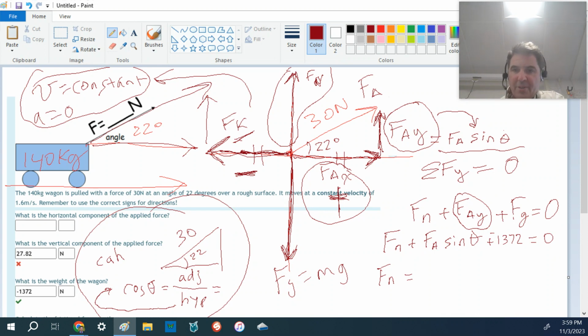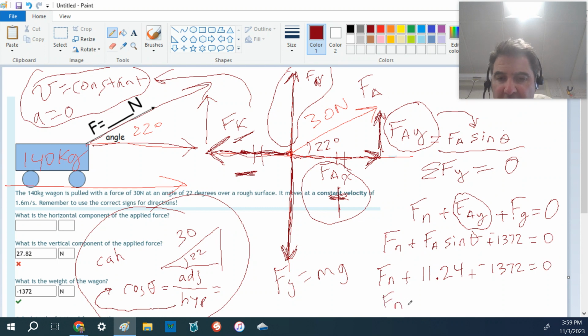So if I do 30 times sine of 22, my vertical component becomes 11.24 rounded off. So I basically get Fn plus 11.24 plus a negative 1372 equals 0.